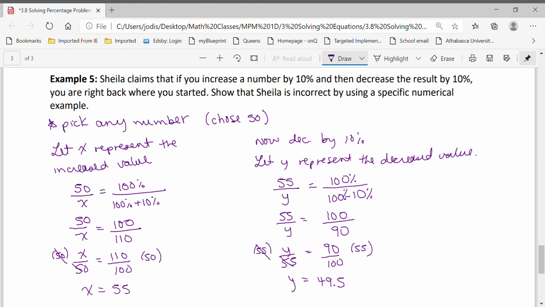So it said to show she's incorrect. Well, we can see that she's definitely incorrect because she's saying if we started with a number, increase it by 10%, then decrease it by 10%, we're right back where we started, which means we should be at 50, but we're not. We're at 49.5.